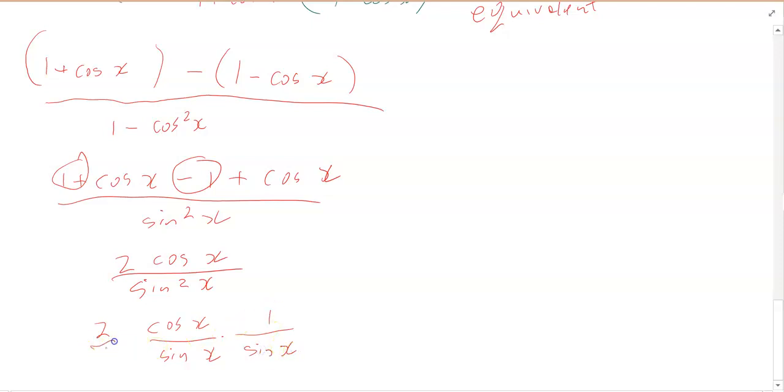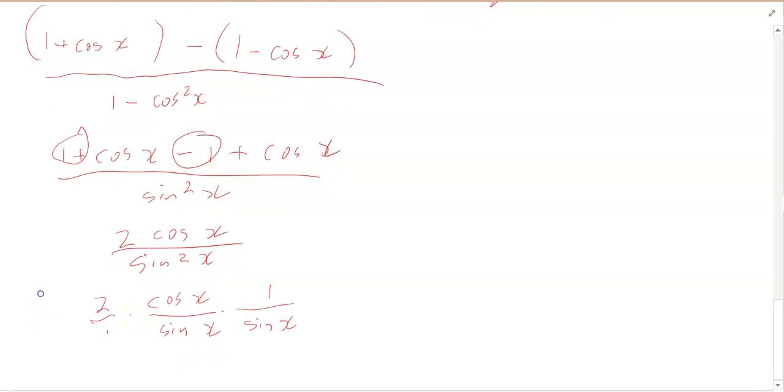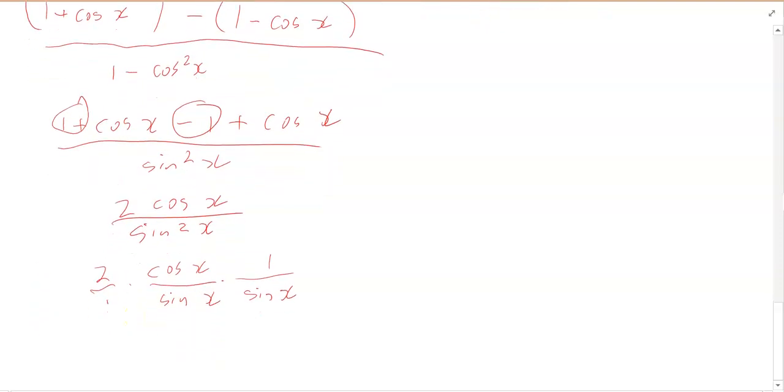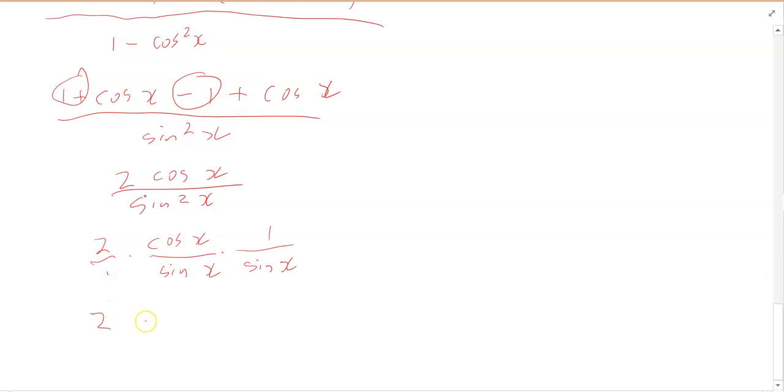Let's break this into different parts: 2 cos x over sine x, times 1 over sine x. Cos x over sine x is the same as cotan x, so this becomes 2 cotan of x. 1 over sine x gives you cosecant x. And this is our right-hand side.